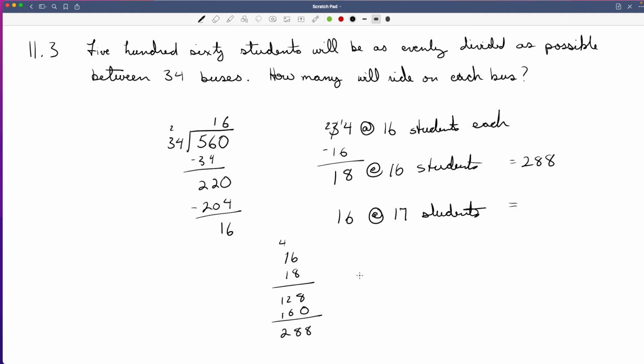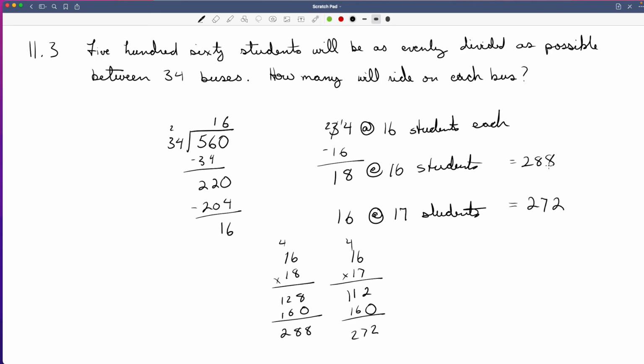And now for 16 times 17, I'm going to say 16 times 17. 7 times 6 is 42. Carry the 4. 7, 8, 9, 10, 11. Put in my 0. 1 times 16 is 16. Add it together. So I get 16 at 17 students, and that's going to be 272.